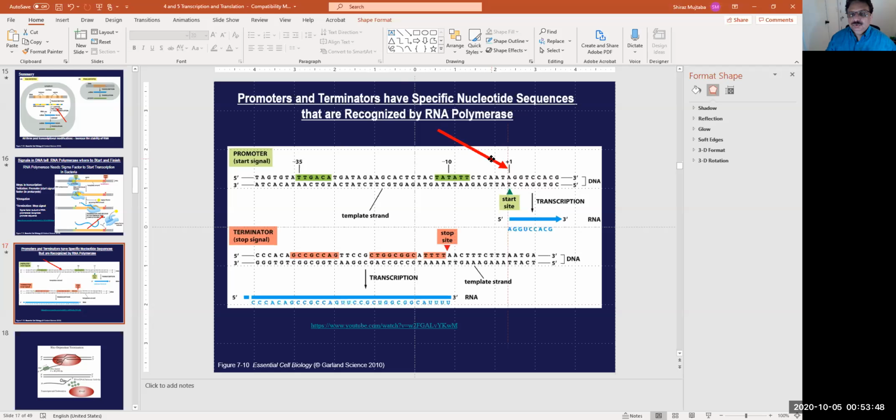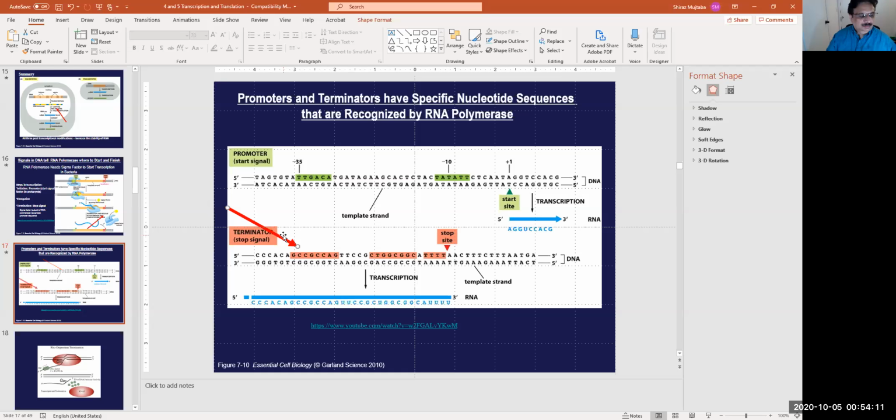And as I mentioned to you, there is a limited size of the protein in terms of number of amino acids, so the RNA has to be of limited size. Transcription is a controlled process. It's not global as compared to replication. So there's a terminator site at which transcription has to stop, right?